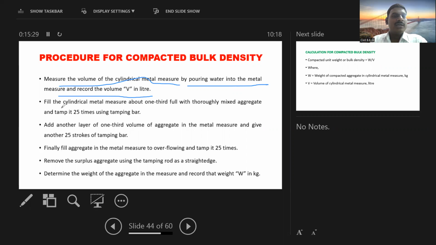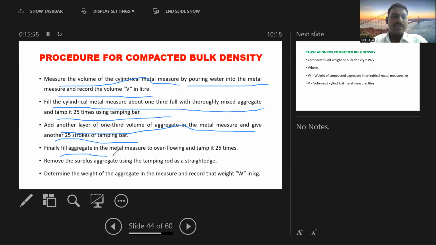Then fill the cylindrical metal about 1/3 full of the mixed aggregate and tamp it 25 times using the tamping bar. Now the open cylinder is there; we have to fill 1/3 of aggregate and tamp the aggregate 25 times. Again, another layer of aggregate we have to fill into that cylinder, and again give 25 strokes with the tamping rod.